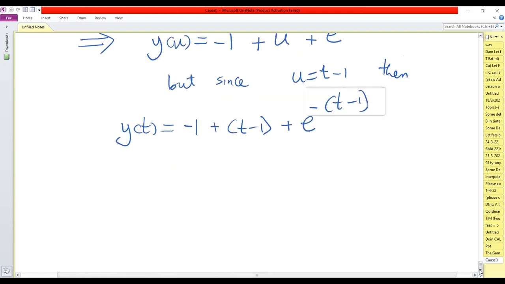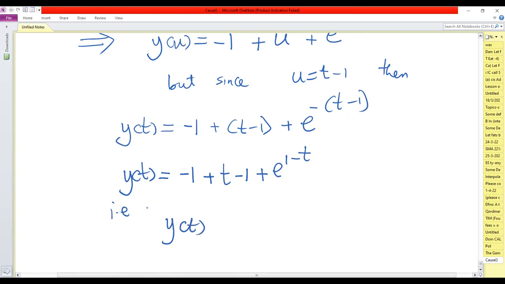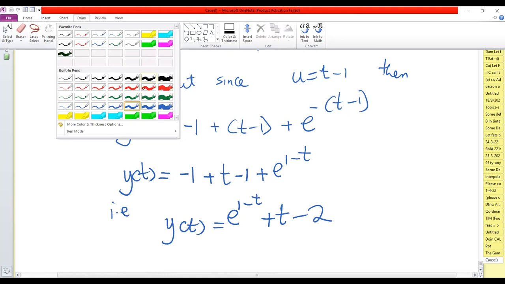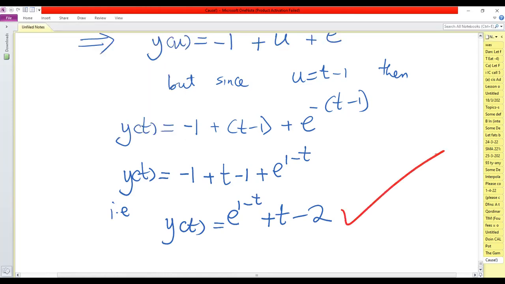So which means that the solution in terms of the variable t will be given by -1 plus t minus 1 and then plus e raised to power 1 minus t, which is y of t equals -1 minus 1 is -2. So I can write this as e raised to power 1 minus t and then plus t and then -2. So therefore, this is the required solution for the given problem.